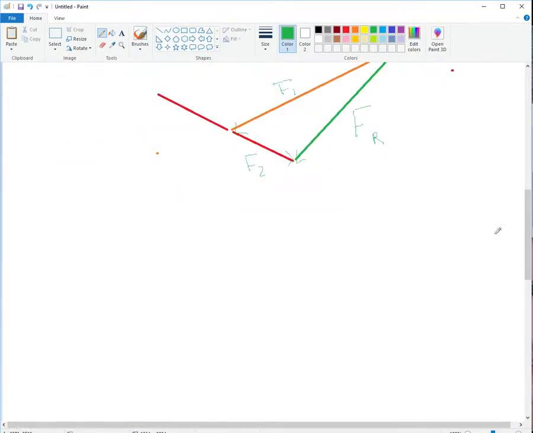For our example, we had a force going this way, another force going that way, and a third force going that way.